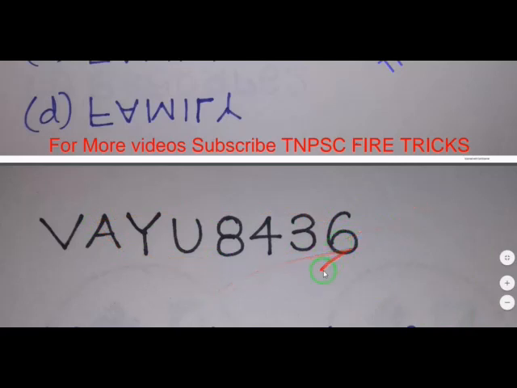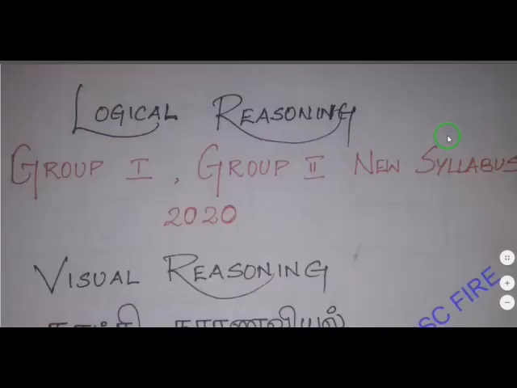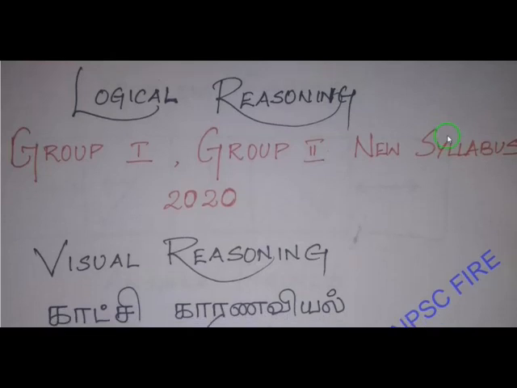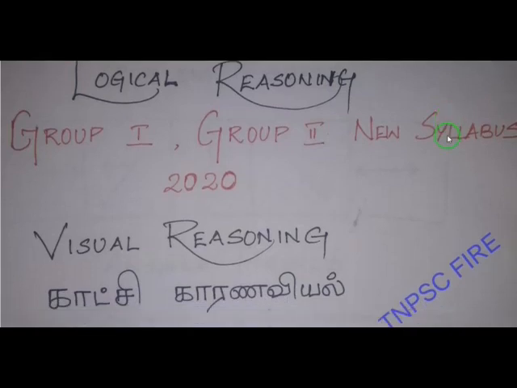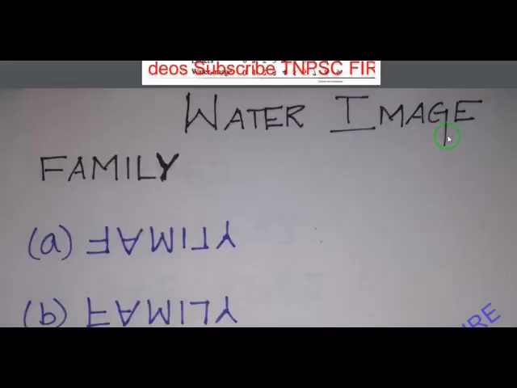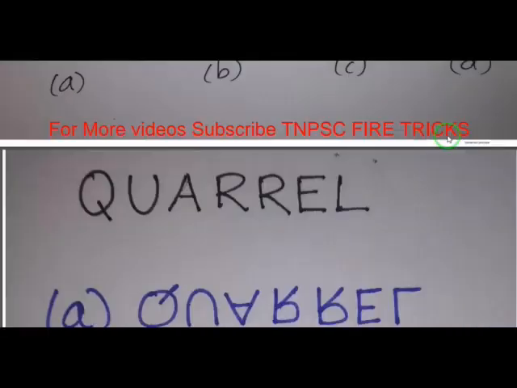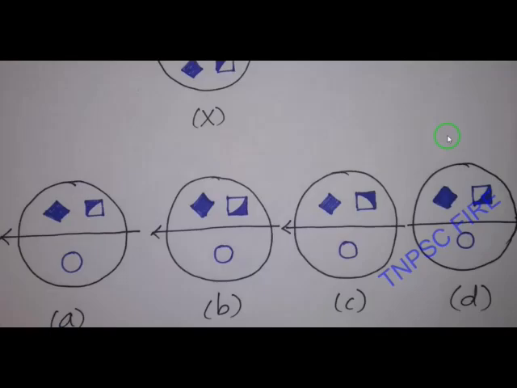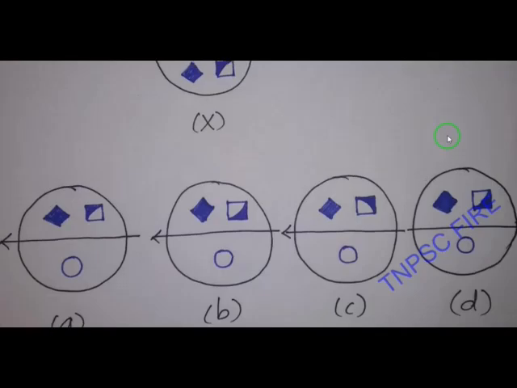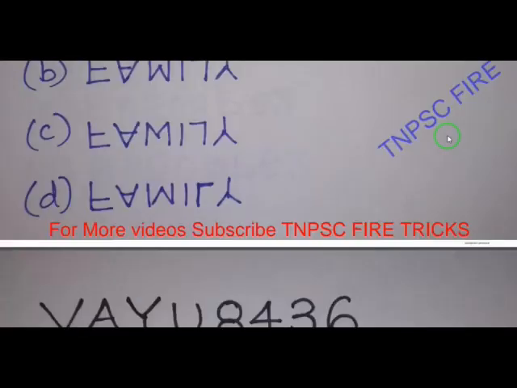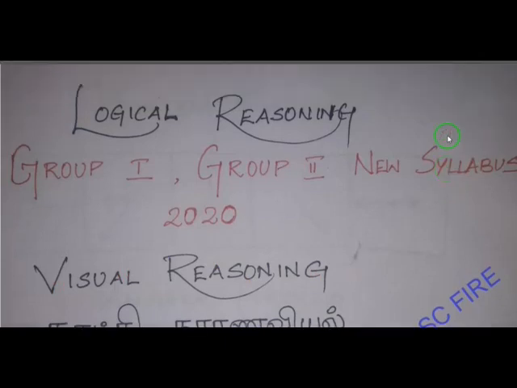For the first question, family, the answer is D. Next, for letters with numbers, for the first question D is the answer.